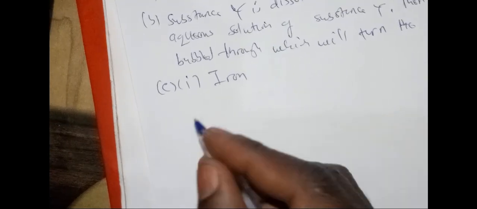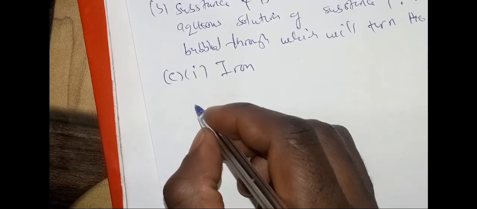So we show the balanced chemical equation from where this iron metal is extracted. So hematite is iron(III) oxide.